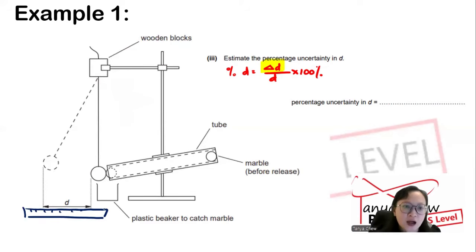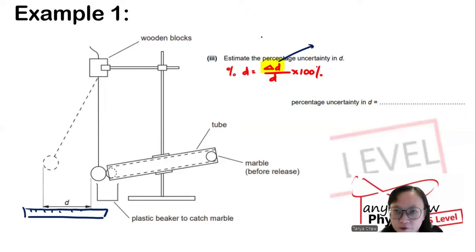For this case, because there's a distance between the marble and the scale on the meter rule, it is very hard for me to look at the marble and judge the scale on the meter rule. That is why I would like to increase my delta D.